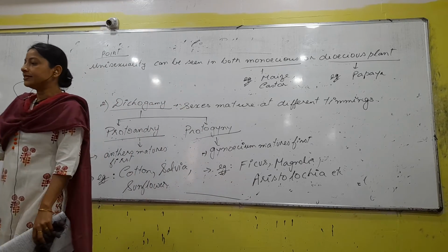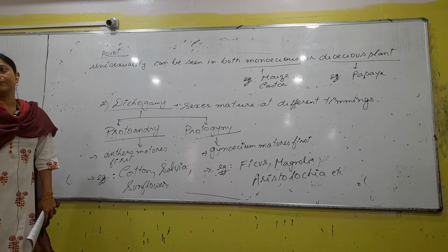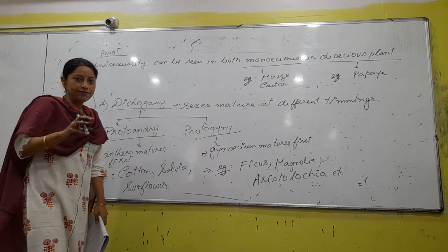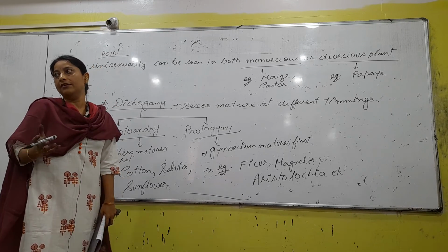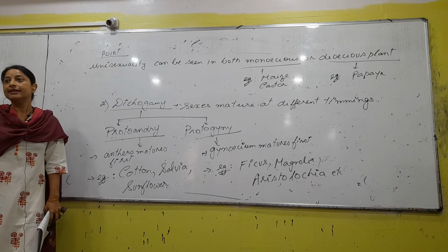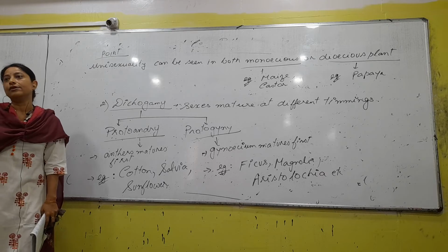Unisexuality was left at a point. If you have space you can write it down there, or you can write it down as an extra point also. Dicliny or unisexuality: you have one male flower and one female flower. If both of them are formed in one plant it is called monoecious. If there is a different plant, a male plant different from the female plant, that is called dioecious.